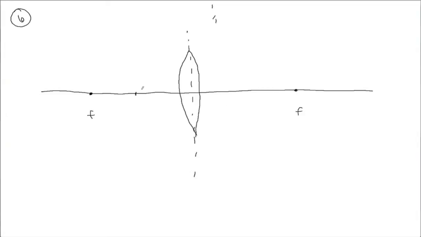So it's less than F, so we know it's going to be upright, virtual, and magnified. So I should probably just draw it small. That's a good idea. And then do this, and it's going to do that, and then it's virtual, so it'll do the trace back. That's good.